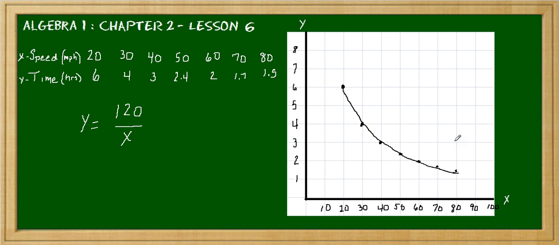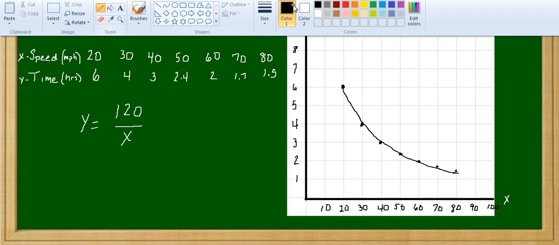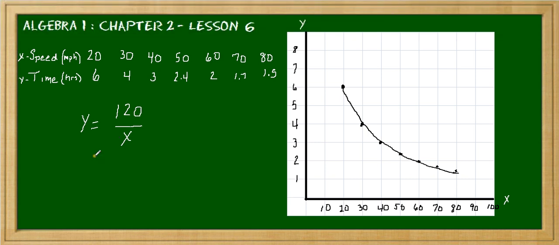So in general, here's a definition. Inverse variation is a function that has an equation in the form y is equal to a over x.